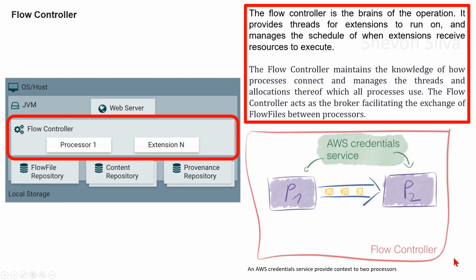They run in the background and provide configuration, resources, and parameters for processors to execute. For example, you may use the AWS credentials provider service to make it possible for your services to interact with S3 buckets without having to worry about credentials at the processor level.